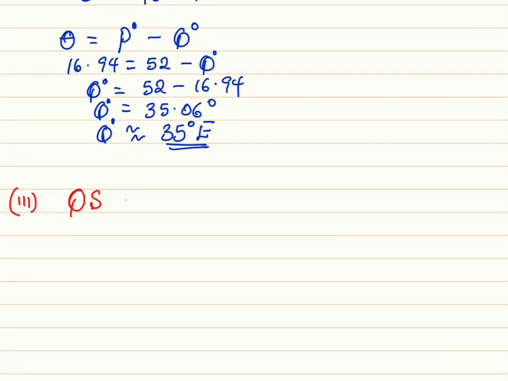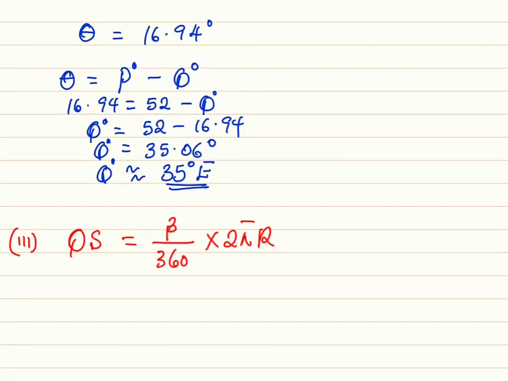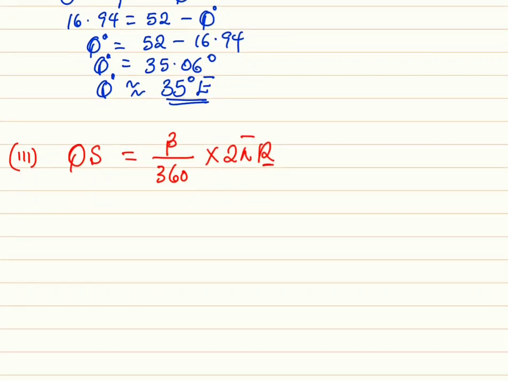So therefore, my QS is going to be, let me use beta this time to represent angular difference, over 360 times 2 pi r. Now, there's something you need to take note of. In expressing PQ, I used small letter r, but on QS I'm using capital letter R. Yes, it is like that because there's a difference between great circles and parallels of latitude. So great circles carry the big R.